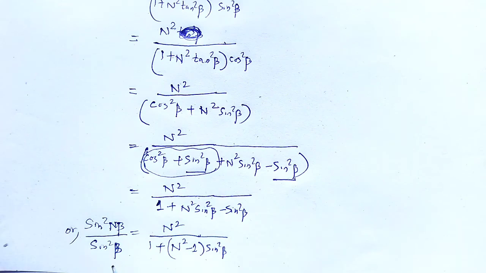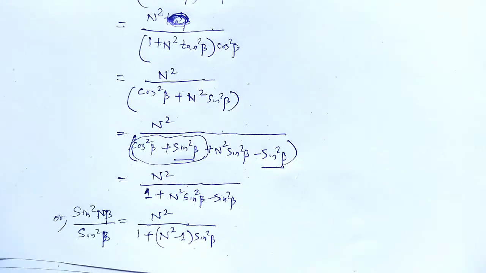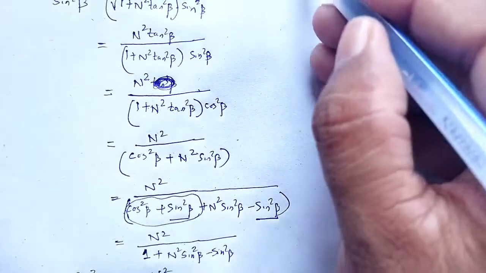So that value of sin square n beta by sin square beta is put in the equation of intensity.